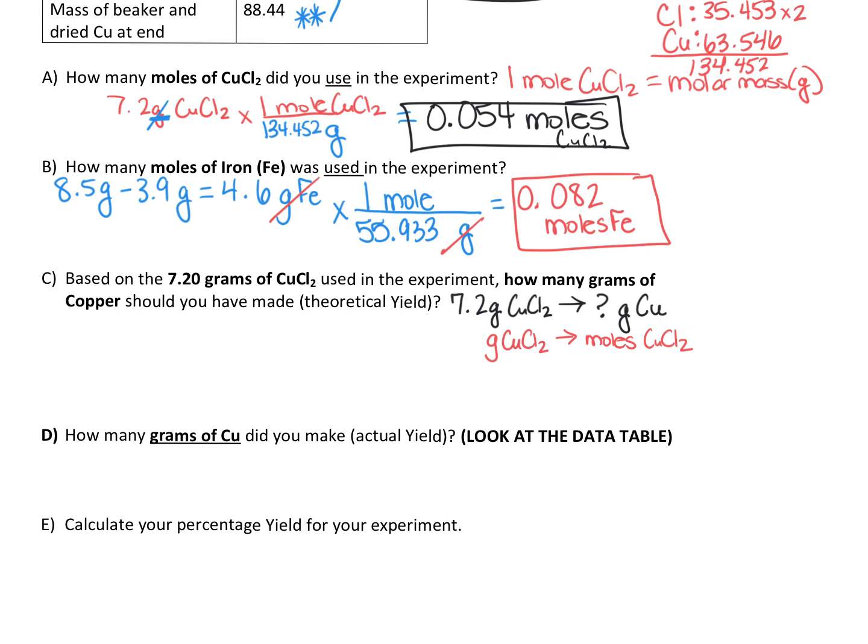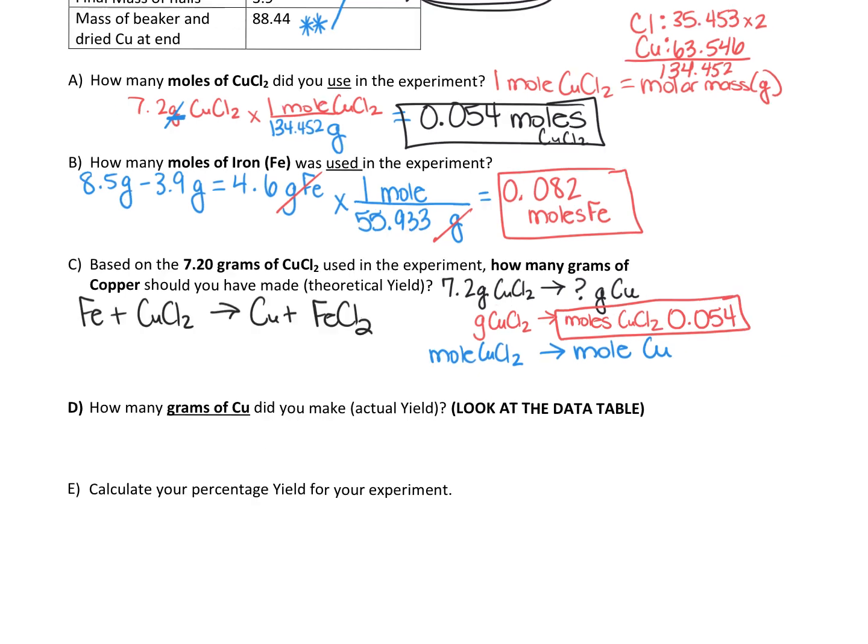So we've got part of this problem done for us. We already know that we have 0.054 moles of copper chloride. So that's the first step. Now that we know our moles of copper chloride, we can figure out how many moles of copper we should have made. Let me bring the balanced chemical reaction back down here.